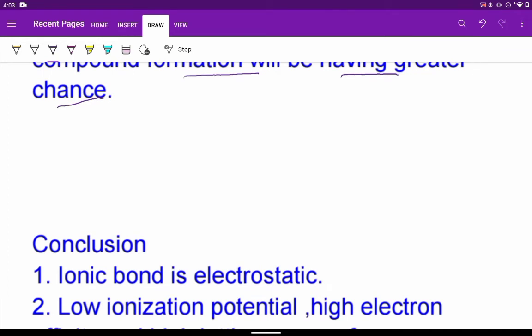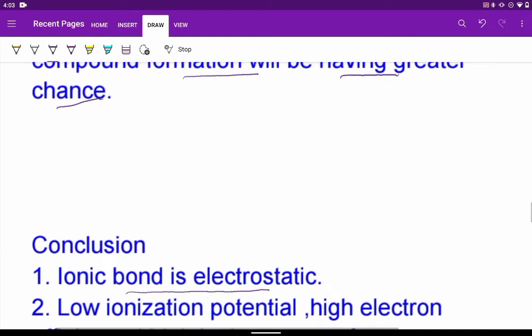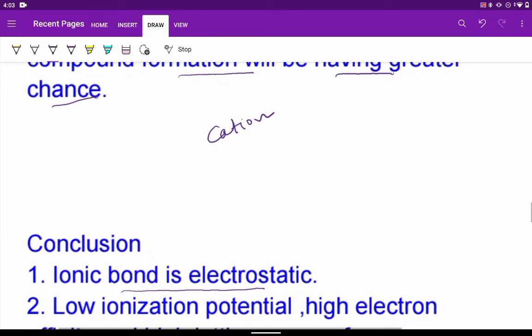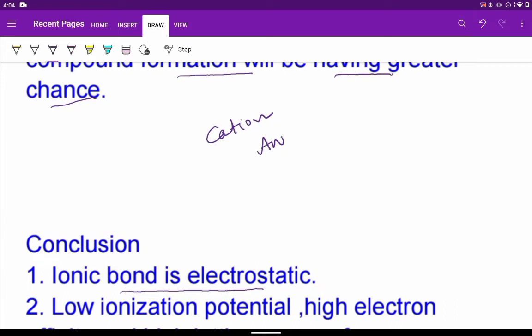So we can conclude that ionic bond is electrostatic. That is, the cation and the anion is held together by electrostatic force of attraction.